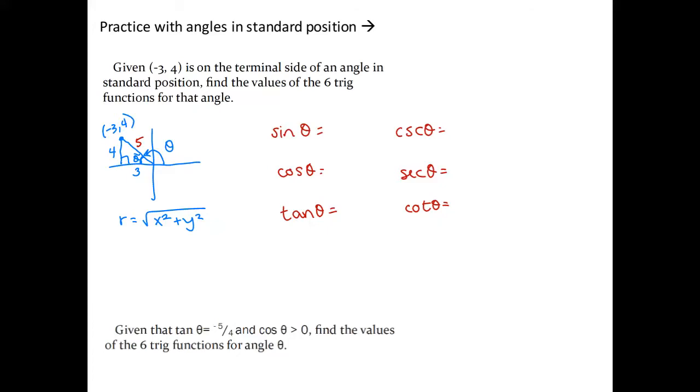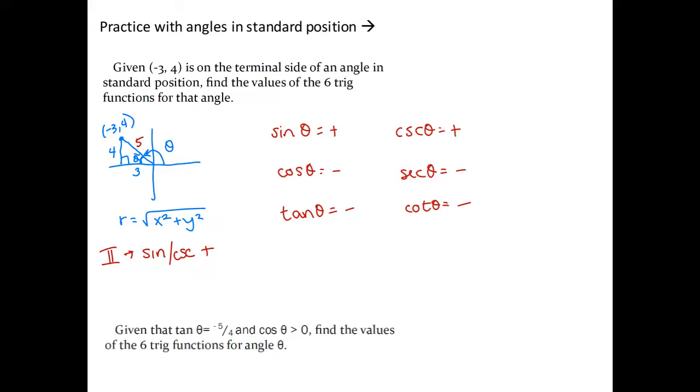Since we're in quadrant 2, I know that means the sine value and cosecant, because that's its reciprocal, are positive. So right out the gate, I can put a plus sign on both of those. We don't typically write plus in front of positive numbers, but I will just to show you that I'm considering all the signs. But what that really means is that all of the remaining trig functions would be negative. So that's the more important part.